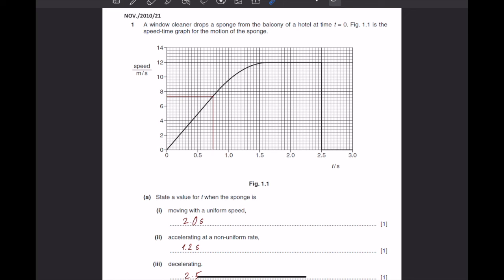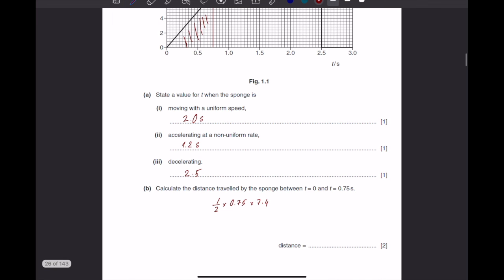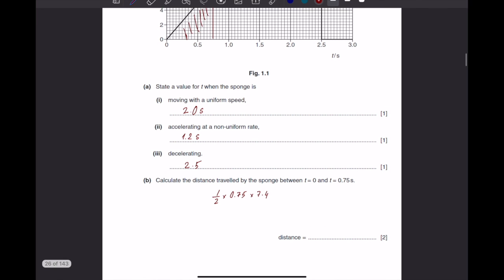So the speed value I get here is approximately 7.4. The area under the graph, representing distance traveled, is the area of a triangle: half times 0.75 times 7.4. The distance comes out to be 2.8 meters.